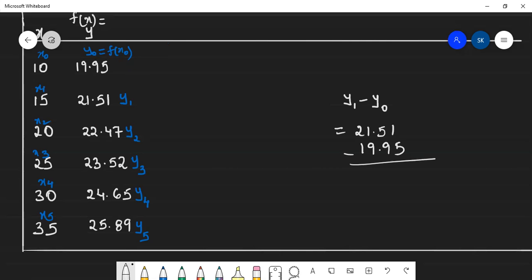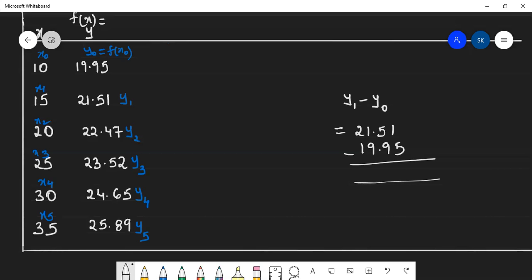So we are not supposed to do it manually. If you keep doing it manually, you end up somewhere, you take a lot of time. So for numerical analysis, you will be using a scientific calculator, not the regular calculator. So now I am using my scientific calculator and I will subtract the numbers. I am subtracting 19.95 from 21.51, that is 21.51 minus 19.95.